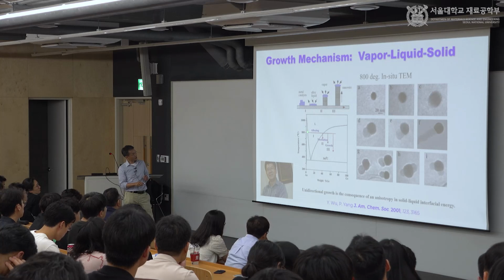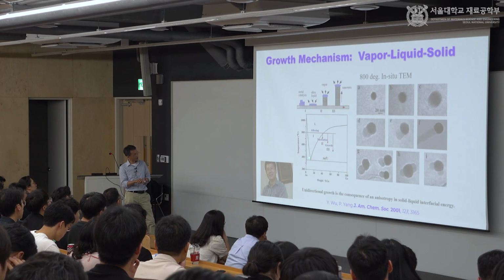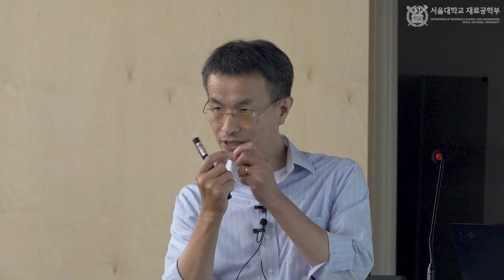At 800, you start to supply germanium vapor. Germanium starts to alloy with gold, and in the phase diagram we know it goes into this biphase region, solid gold with some germanium-gold liquid. If you add more germanium along this isotherm line, you reach the single phase, which is liquid.